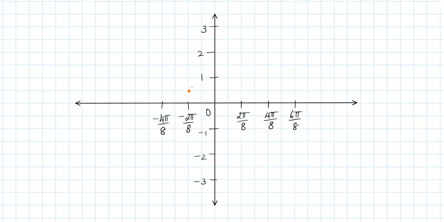Then it's negative pi over 8 and 0. So negative pi over 8 is this mark, and 0. Then it's 0 and negative half, so it's over here. Pi over 8 and 0. And then it's 2 pi over 8 and half. You can see the V pattern. We expect that.